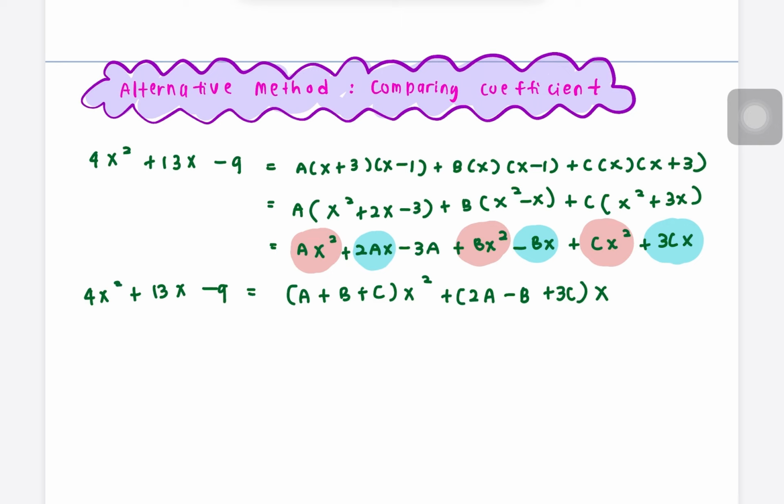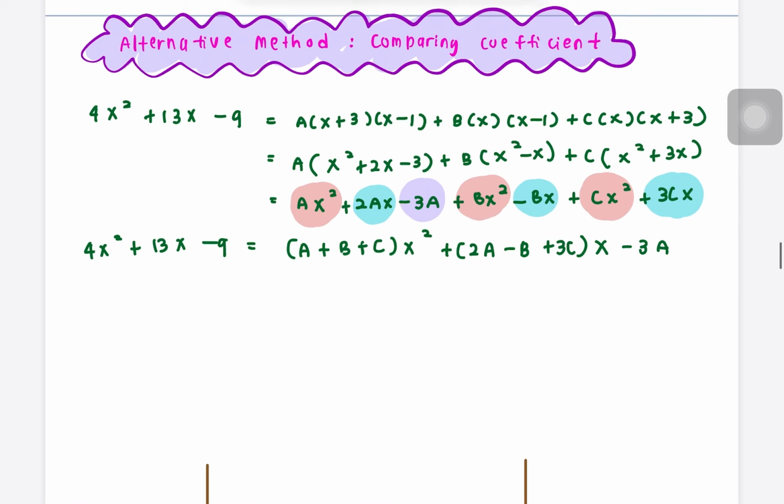Okay, let's say this is your first equation. And then compare the coefficient for x. So the coefficient for x is 13 equal to this whole thing, unknown a, b and c. So 13 is equal to 2a minus b plus 3c. This is your second equation.